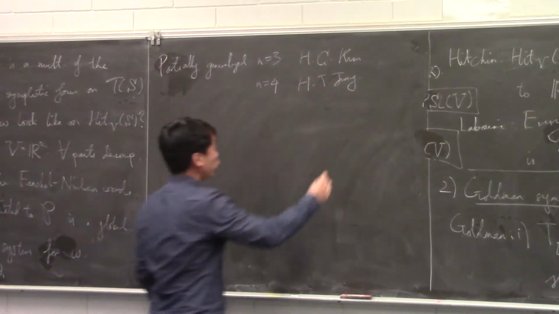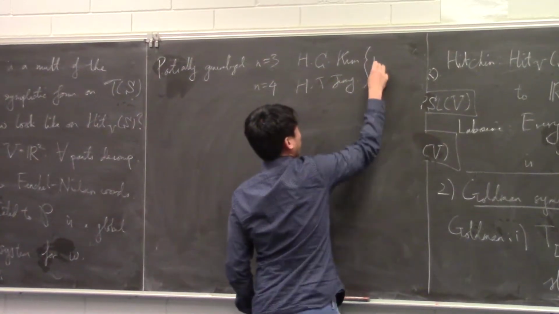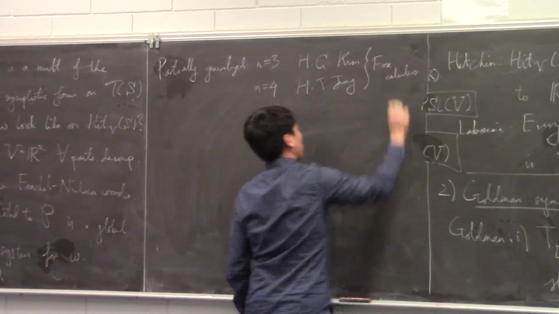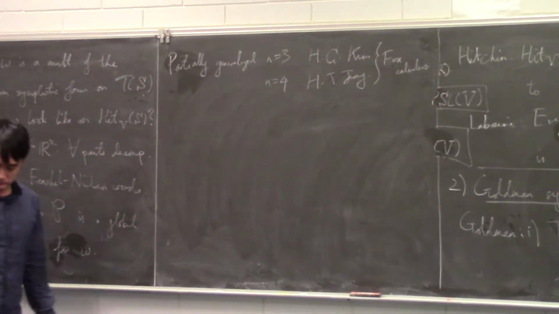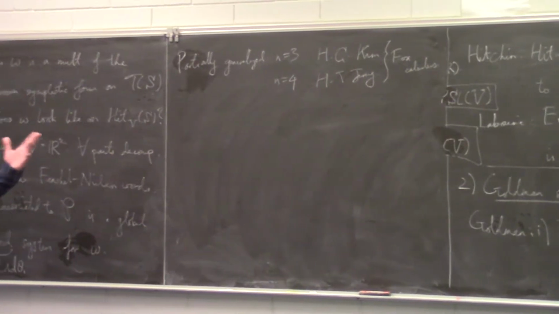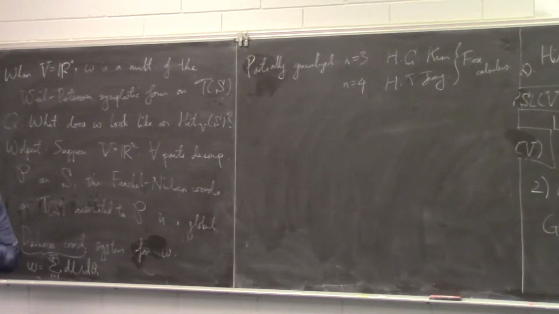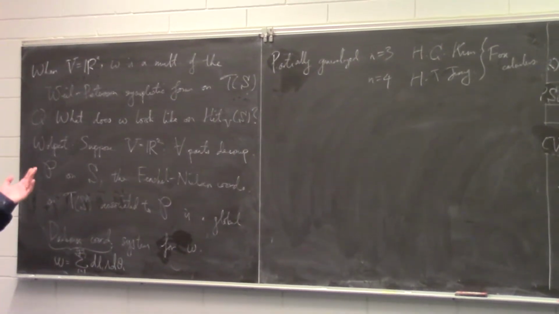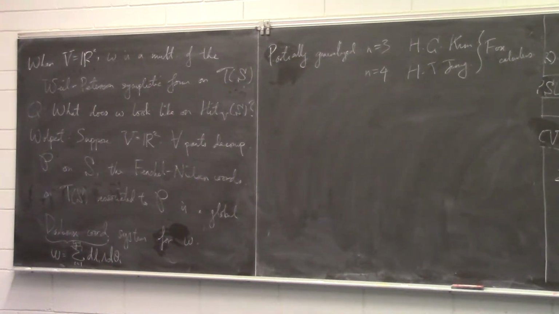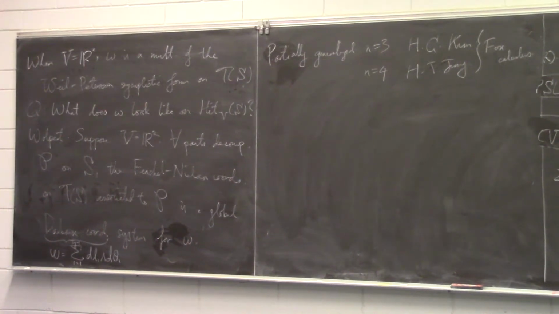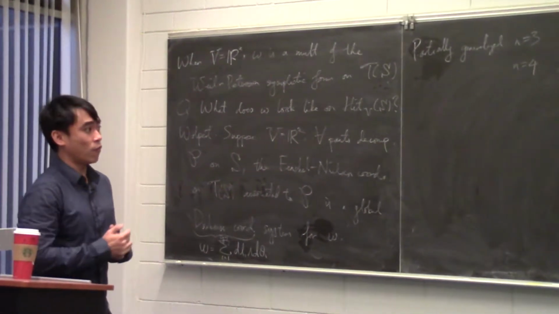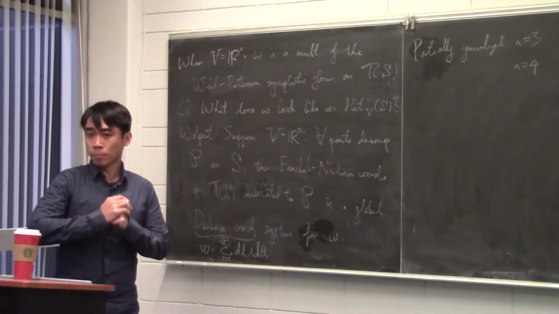And the main tool they use here is a technique known as Fox calculus. This is a technique that Goldman actually introduced in his original paper where he talked about the Goldman symplectic form, as a procedure to algorithmically compute what this symplectic pairing is at every smooth point of the character variety.